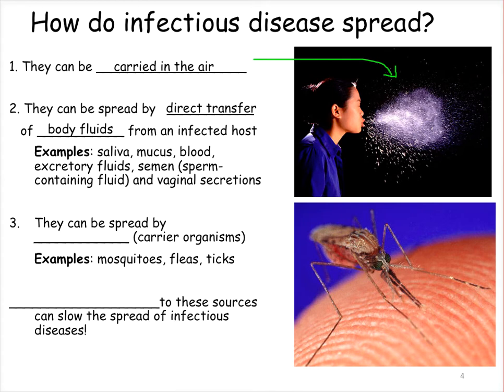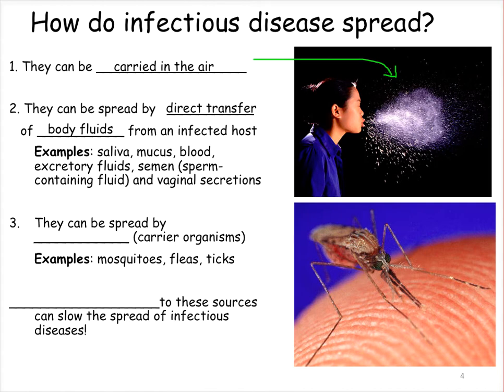This is why anyone who comes in contact with body fluids, such as medical professionals, research scientists, or even a good Samaritan helping out at an accident scene, should always wear gloves and protective clothing to prevent direct contact with body fluids. This is also why hand washing is important.